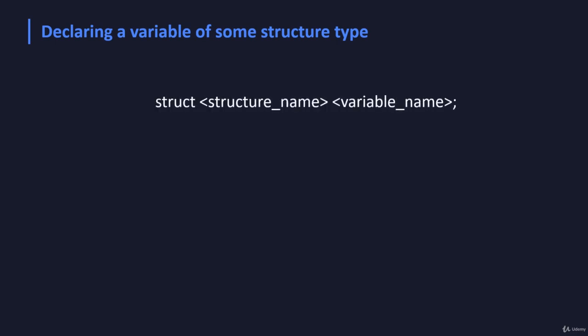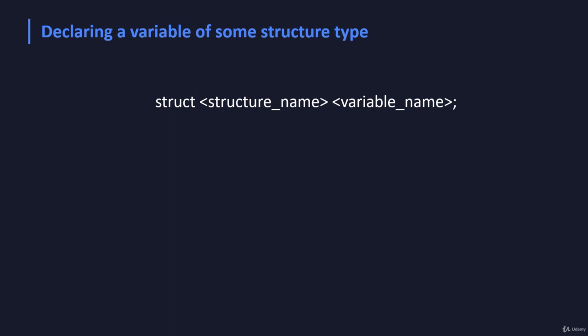First of all, you use the word struct, then you specify the template structure name that you want to use, just like we've created previously: structure template point, structure template date, and structure template address, for example.